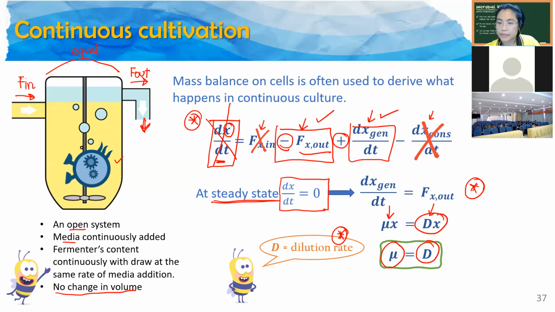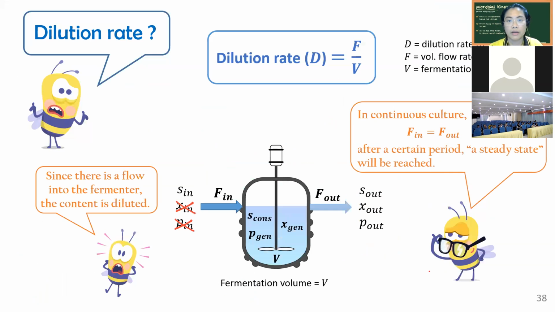So let's look at the units of these two terms. The unit of mu we know is per hour, or per time. Let's say time is hour, and X is generally gram per liter. So that's for mu X, and this X is also gram per liter. So the unit of D is the same as mu, which is per time.